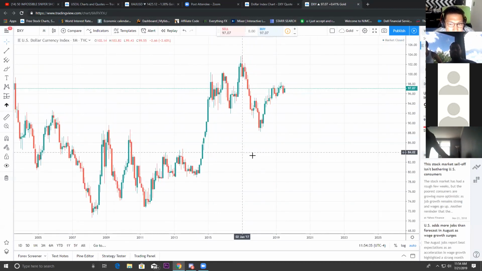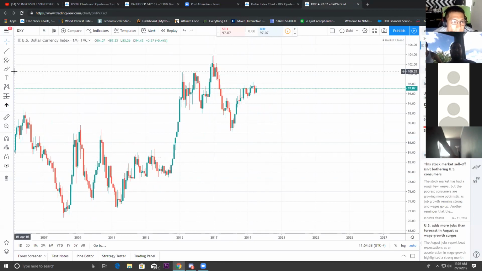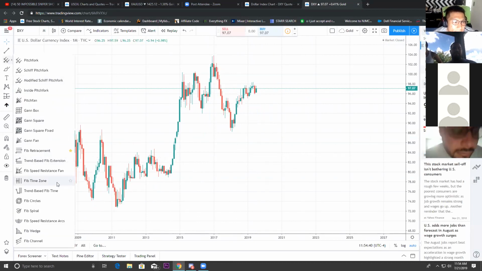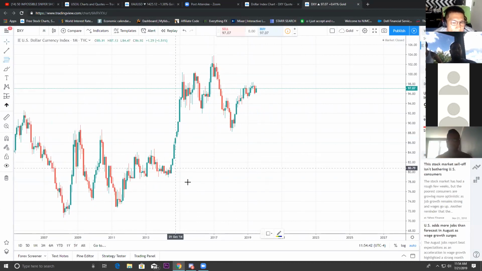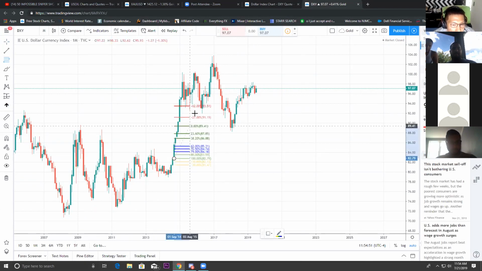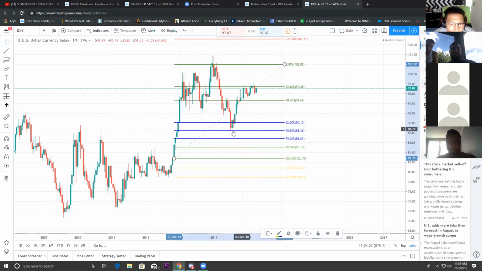Look at the weekly because we're paying attention to the next few weeks. Let me see if I can draw the fibs here. Where would I draw my fibs from? I could guarantee you guys I would start from here because this leg broke it. Not this one. This one. A good one. Look at that. Perfect. 70.5. Good area to buy the dollar.